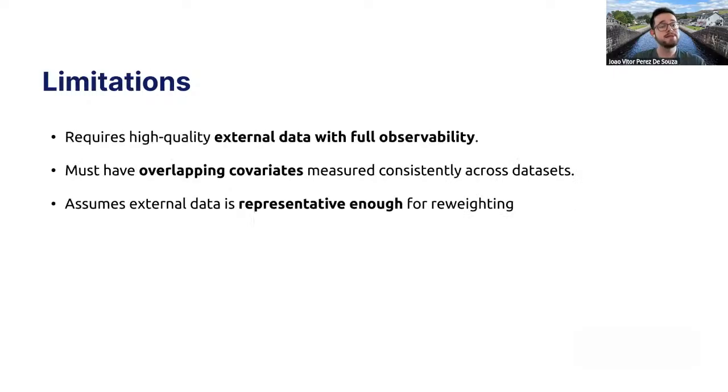Of course, there are limitations. As we were talking about, you need a very good quality external data with full observability. So sometimes that is not going to be available for your study, for your objective. Because the way that this works, you need to have overlapping covariates that are measured consistently across data sets. And this is also a problem.